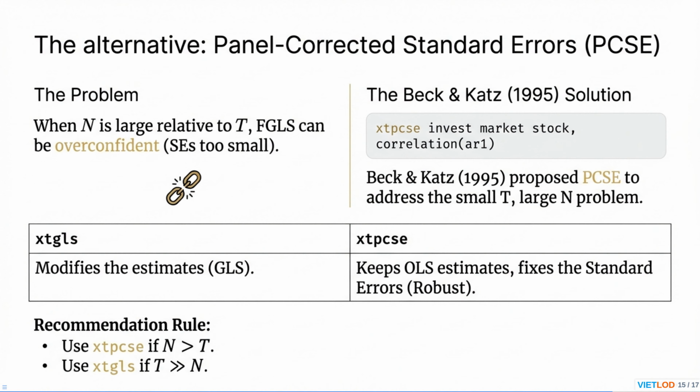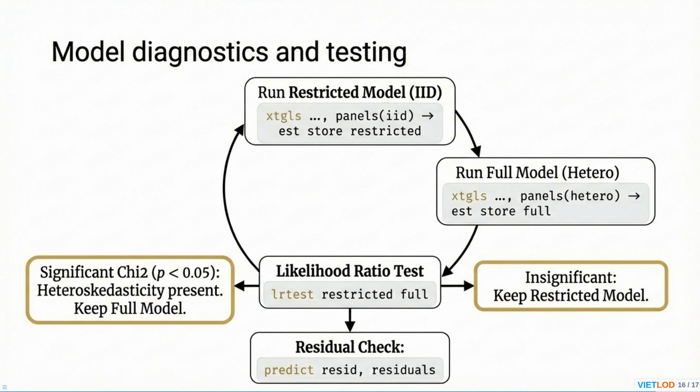It's important to understand the fundamental difference between xtgls and xtpcse. While xtgls attempts to modify the actual coefficient estimates by weighting observations to achieve greater efficiency, xtpcse takes a different approach. It preserves the simpler ordinary least squares coefficient estimates, but then robustly adjusts the standard errors to account for the complex error structure.